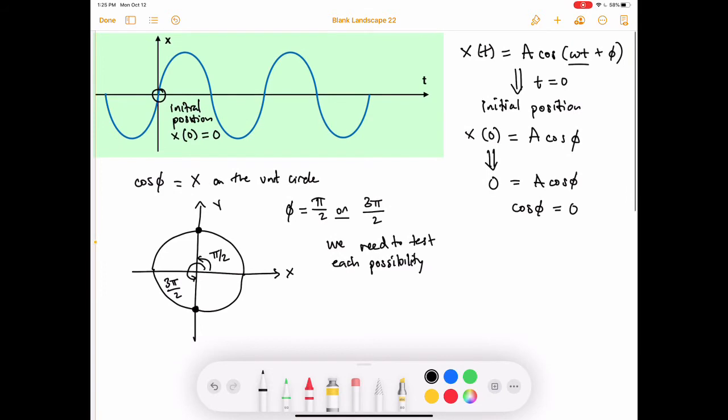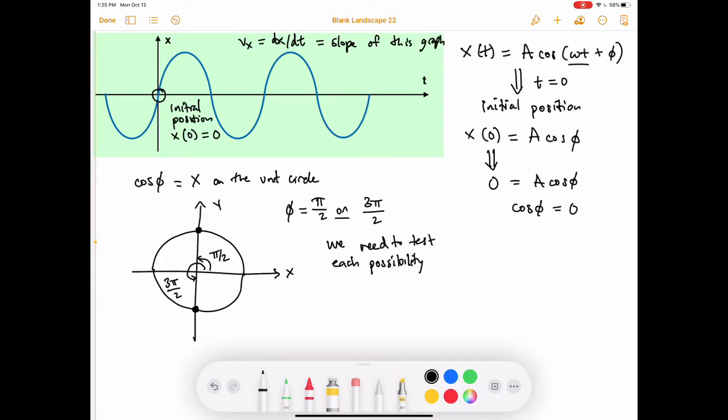Okay, so actually, let's go back to the graph. We'll remember that velocity is equal to dx/dt, which is equal to the slope of this graph.